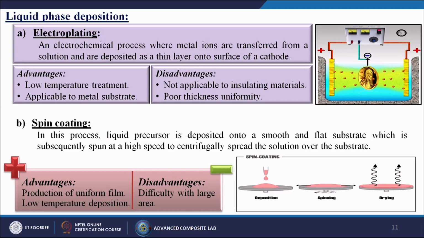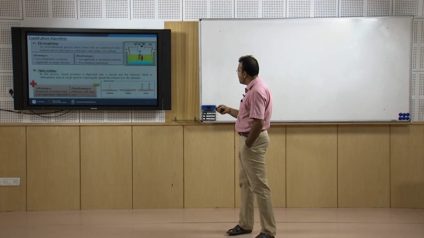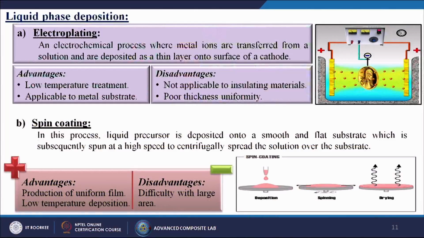Next one is called the spin coating process. In this process a liquid precursor is deposited onto a smooth and flat substrate, which is subsequently spun at high speed to centrifugally spread the solution over the substrate. By drop casting we put a droplet onto the surface, then rotate the disc at very high RPM, and due to the centrifugal force the material spreads all around the disc.